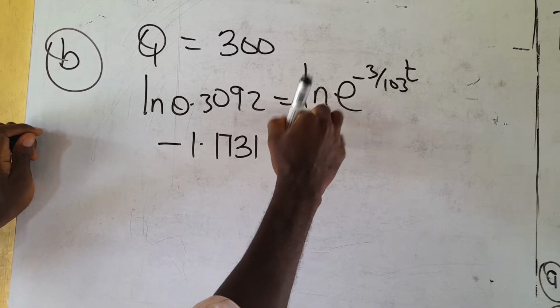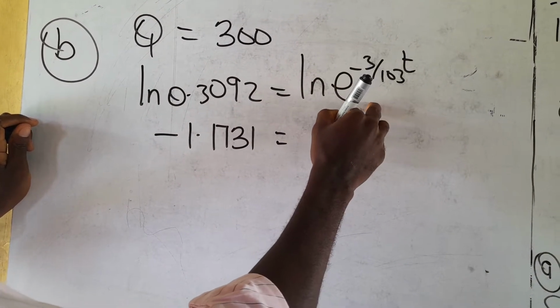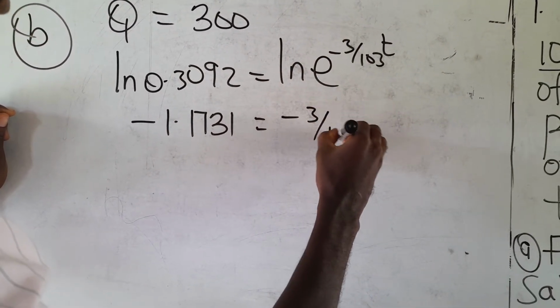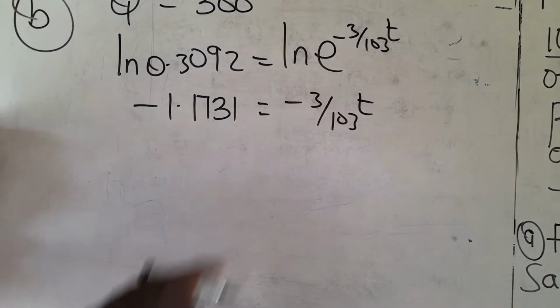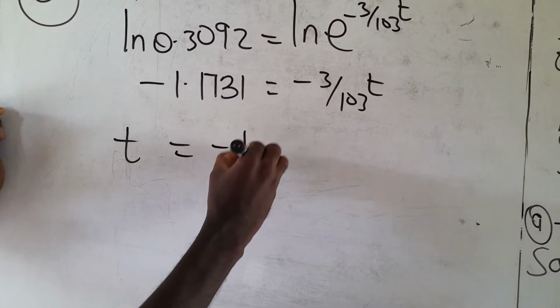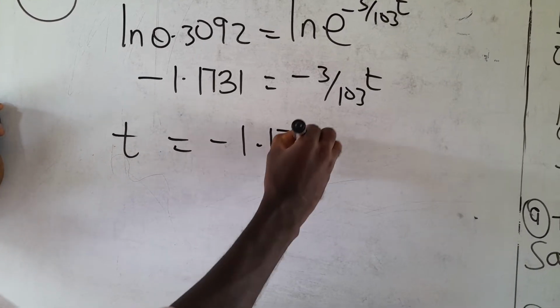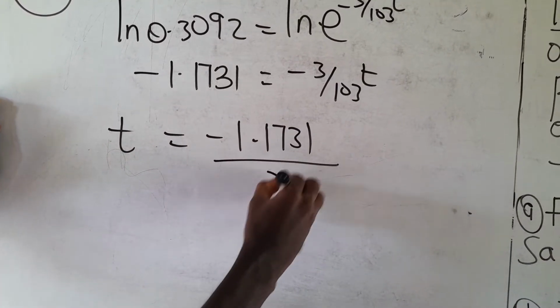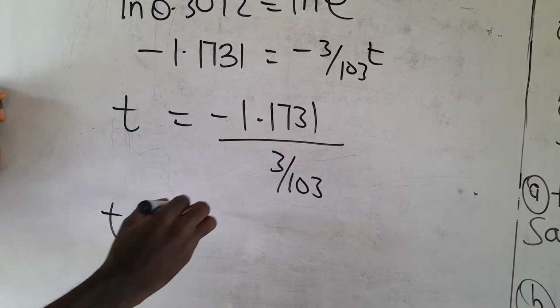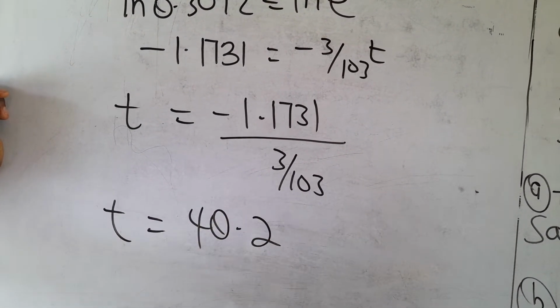And anytime we take ln of an exponential function, the answer is nothing but the exponent there. So this will be negative 3 over 103 T. How do we find T? We divide both sides by that. So T will be equal to negative 1.1731 all over negative 3 over 103. So when you do that, you get 40.2.